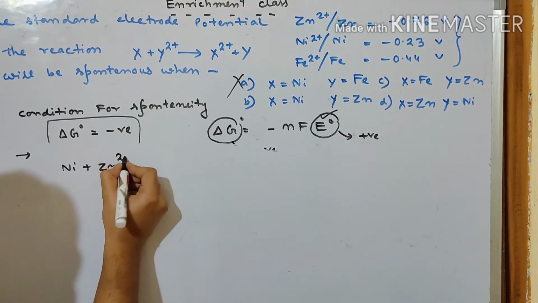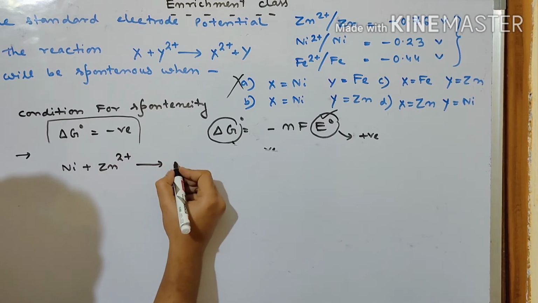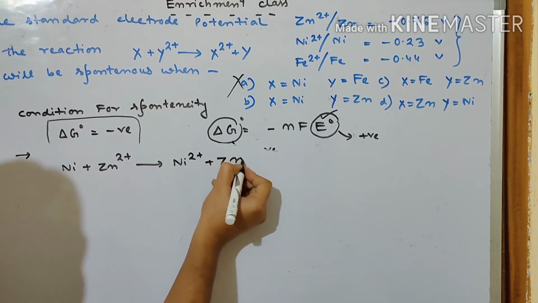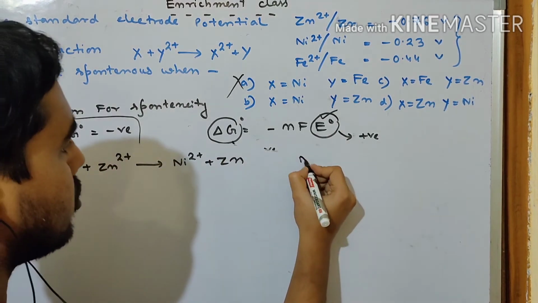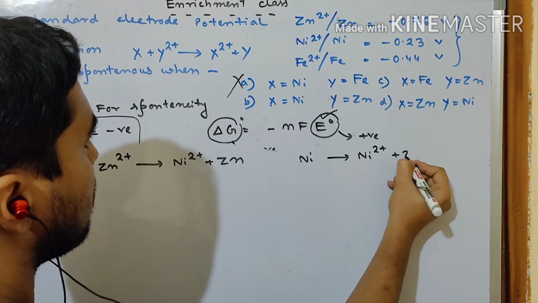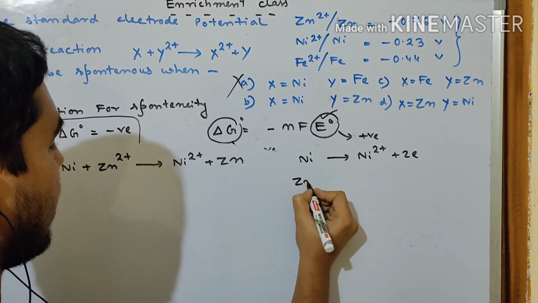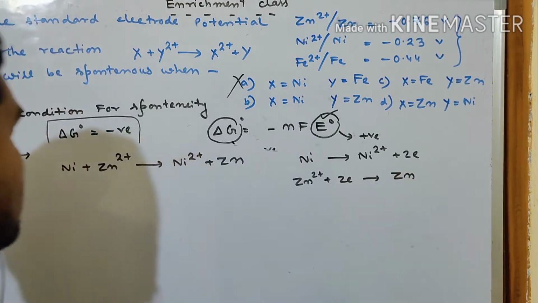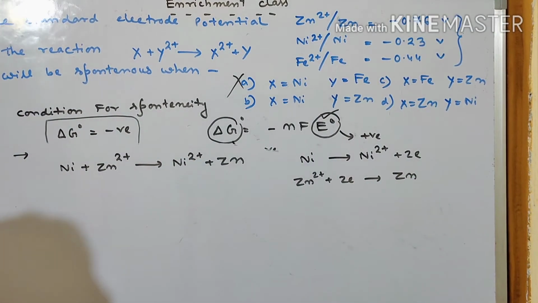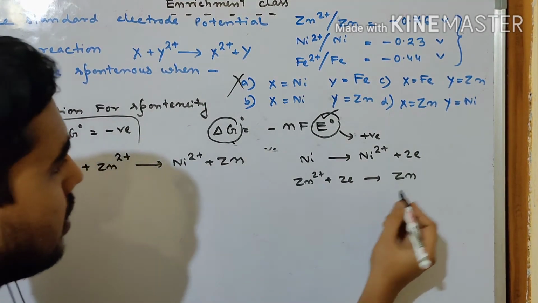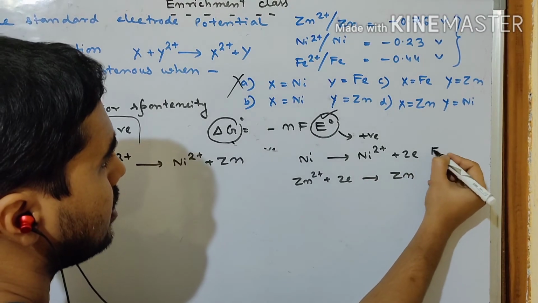So Zn2+ gives rise to, it should be Ni2+ and Zn. So nickel gives rise to Ni2+ plus 2 electrons, and Zn2+ accepts 2 electrons giving rise to zinc. Right?